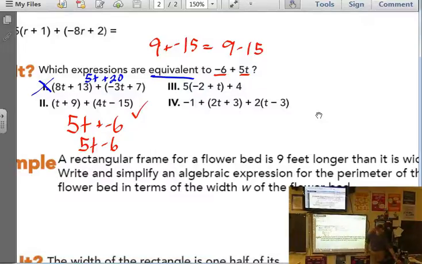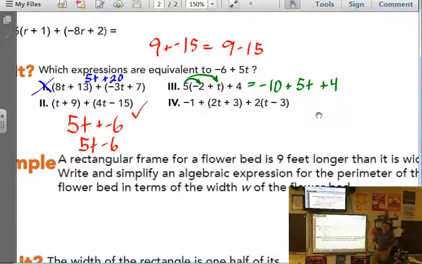Option 3, Lily, what do I have to do to start that? When I draw the arrows, what's that called? Starts with a D. We have to distribute. So we first distribute, and this actually becomes negative 10 plus 5t plus 4. Please write this out.